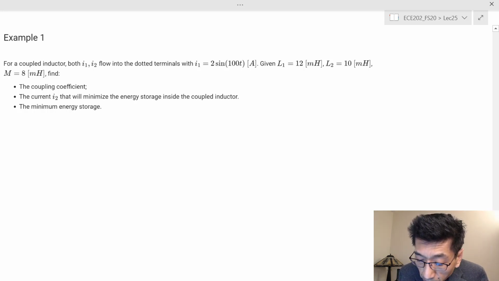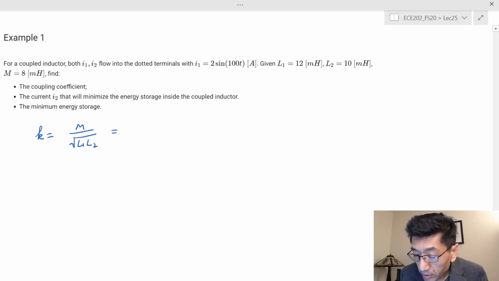The coupling coefficient k is going to be equal to M over the square root of L1 L2, it's just simple algebra. I calculated this before, that's 0.73. This is for the first one. And for the second one, the current I2 is going to minimize the energy storage.